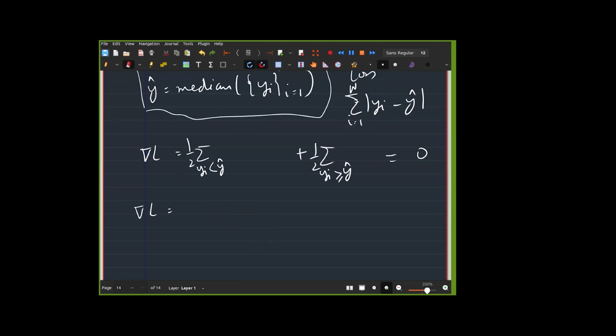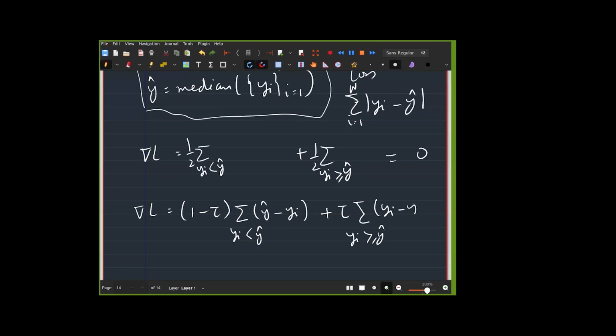I don't like the way Wikipedia has written it down, so I'll write it as 1 minus tau times the summation over yi less than y hat, where y hat is greater than yi. So I will write y hat minus yi, because in the end it was an absolute value in the beginning, right? So I'm trying to generalize, plus tau times the summation when yi is greater than or equal to y hat. And because y hat is now less, I will write it as yi minus y hat.